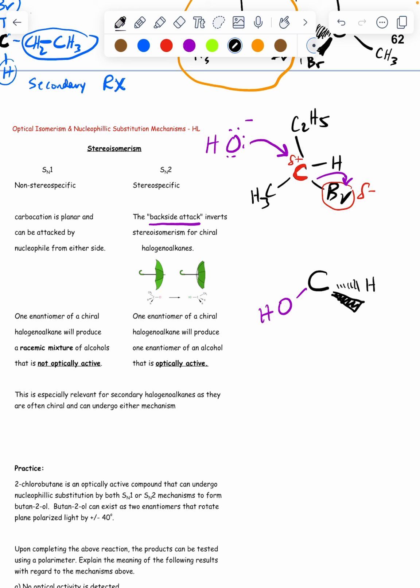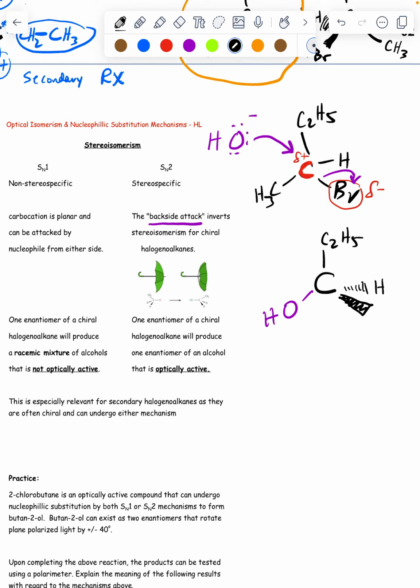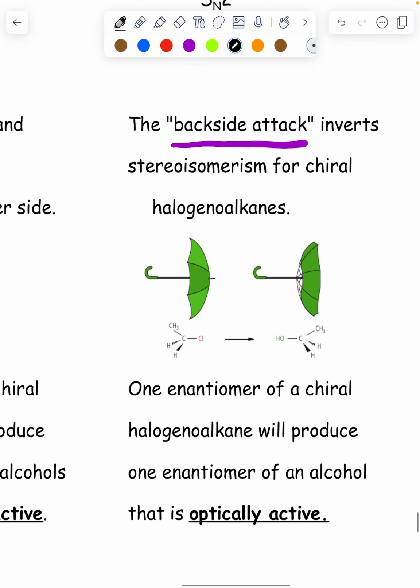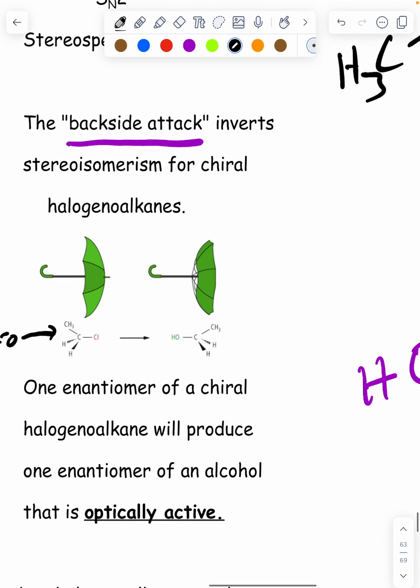And the ethyl group is still up here. But you can see that this analogy is often used. It's kind of like an umbrella that gets blown out and gets inverted. And so when the hydroxide comes in here from the backside, it's going to push all the other attachments on the carbon away to the other side. And so it inverts the stereochemistry.